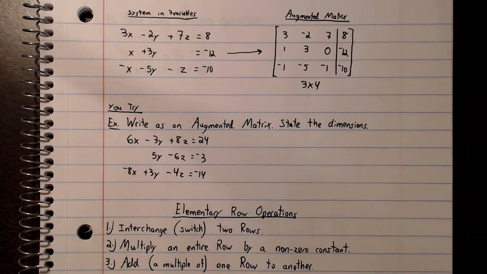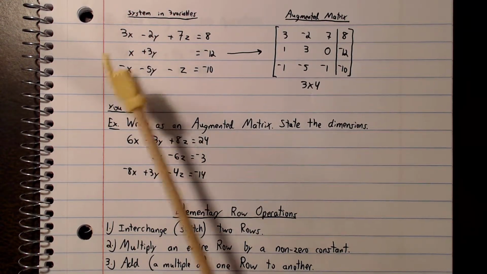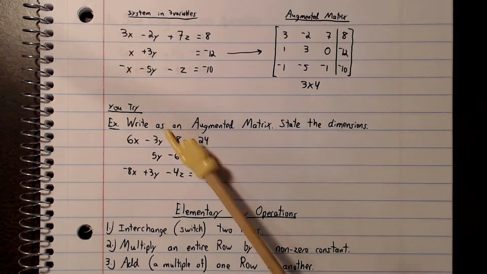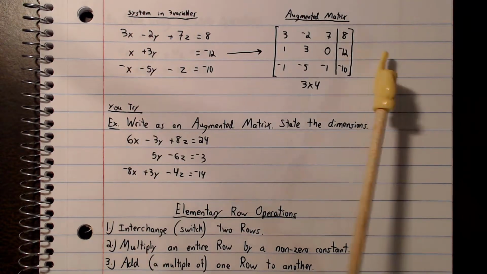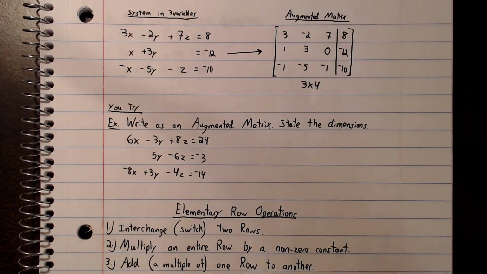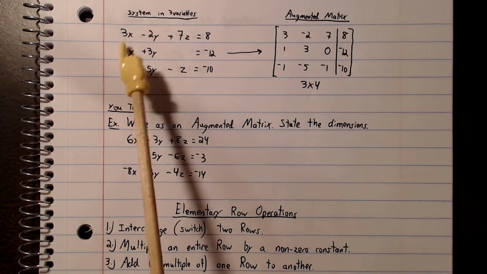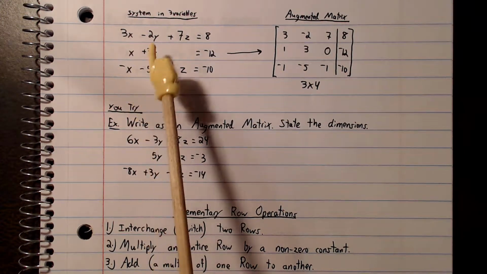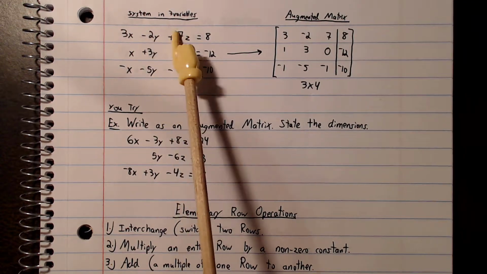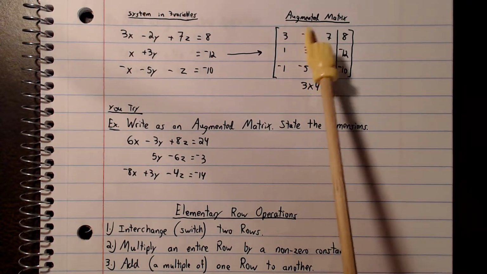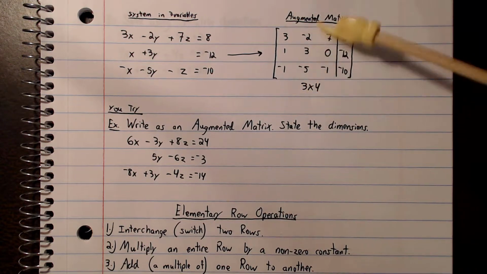What we can use a matrix for, I mean, we can use it with 2 by 2s or anything less, but we like to use it for one particular occasion, when we have a system in 3 variables or more. We take the coefficients of each of our x's, y's, and z's and write them in corresponding columns.